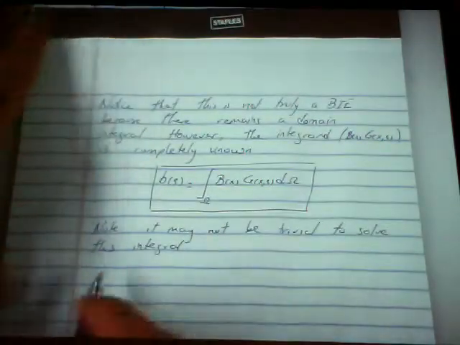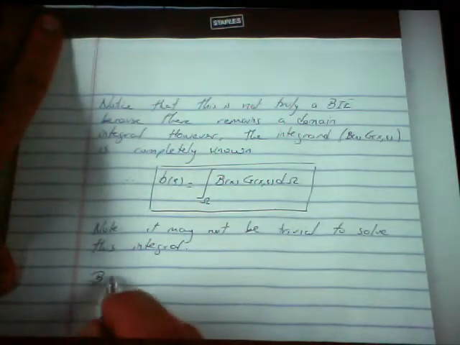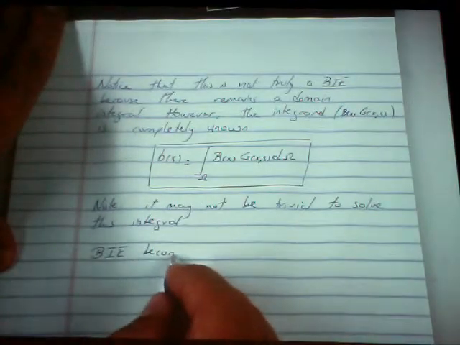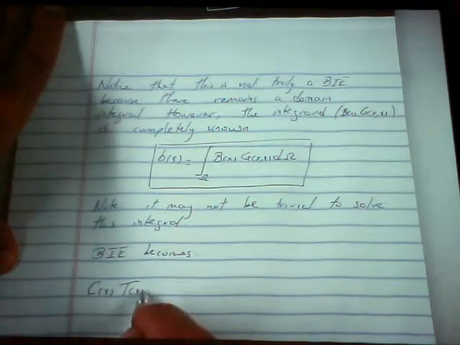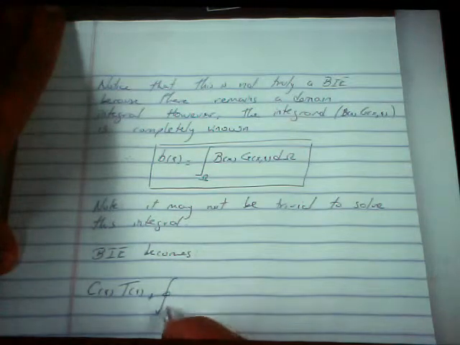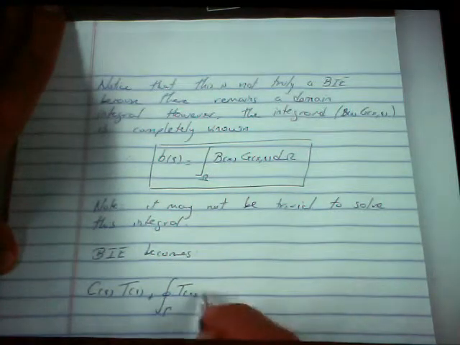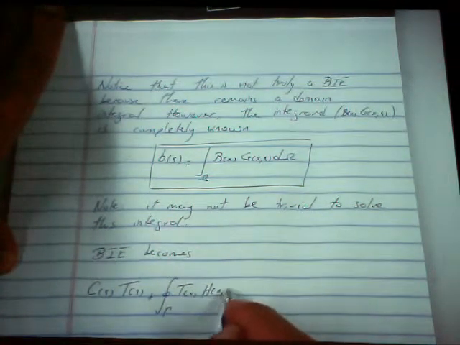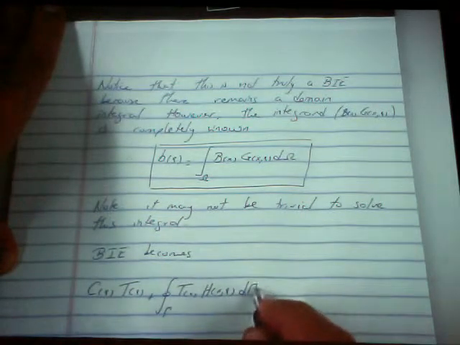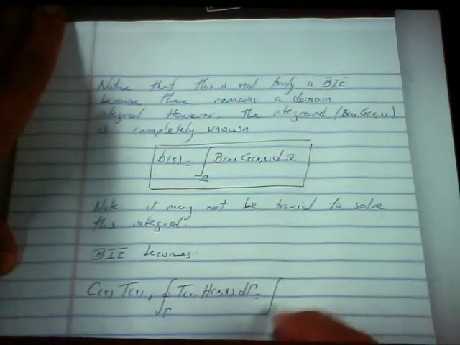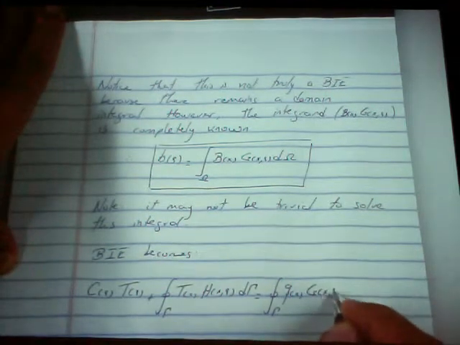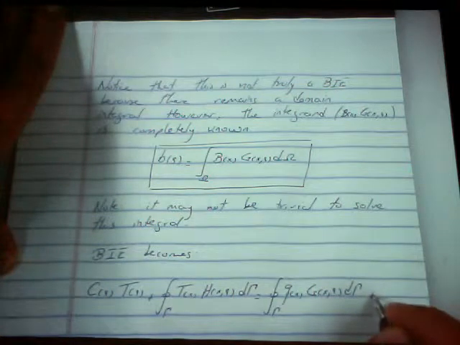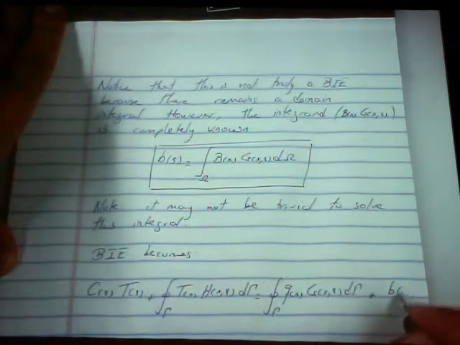And what we have is that the BIE becomes C of xi, T of xi, plus the integral of T of x, H of x and xi, equals the integral of Q times G of x and xi, plus B of xi.